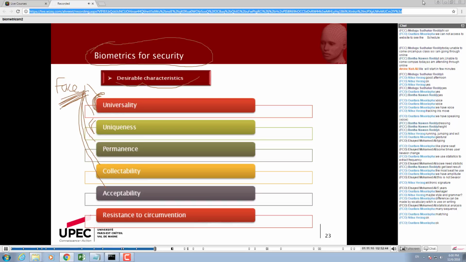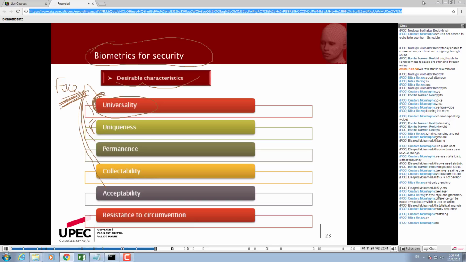For this reason, each time you select one biometric modality, you have to think about some specific characteristics. Okay? So the first one is universality.